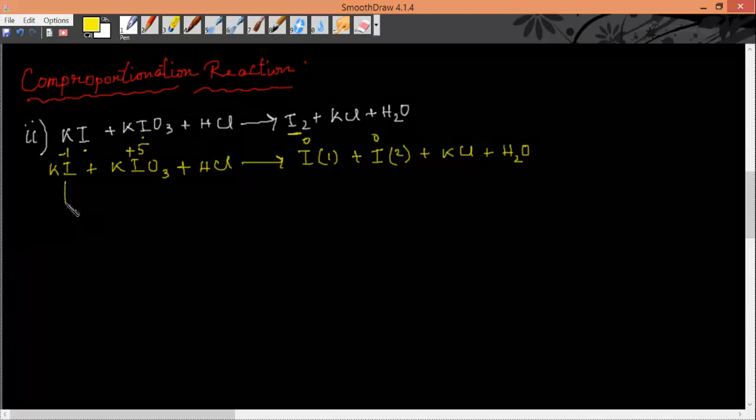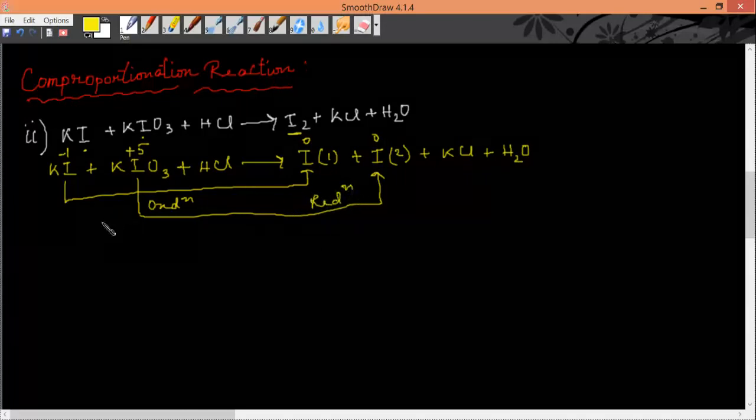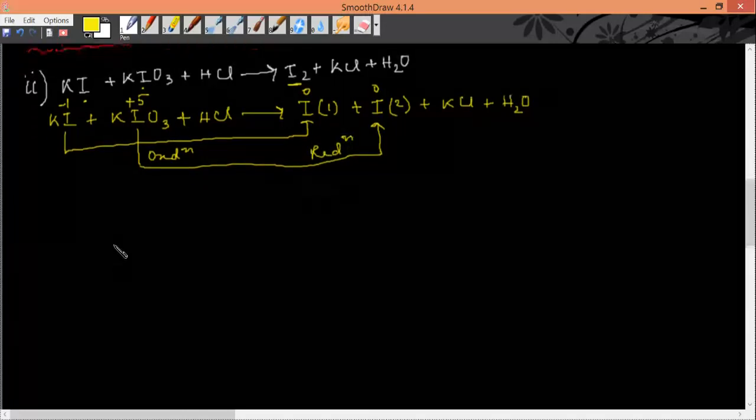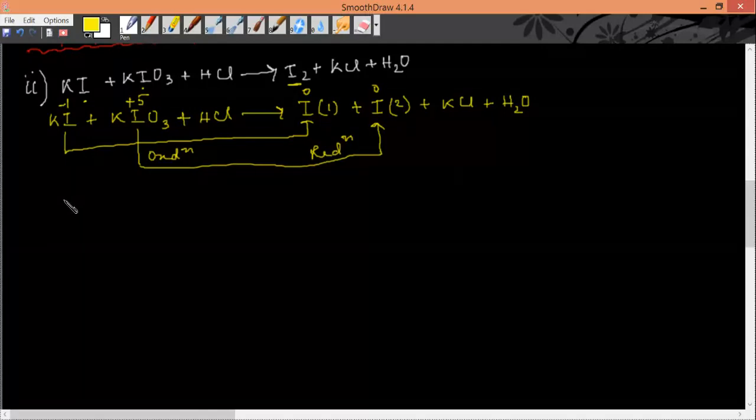Now, what is oxidation and what is reduction? From -1 to 0 it is oxidation. From +5 to 0, a decrease in oxidation number, it is reduction. Now we have to find the increase and decrease in oxidation number of iodine in KI and in KIO3.